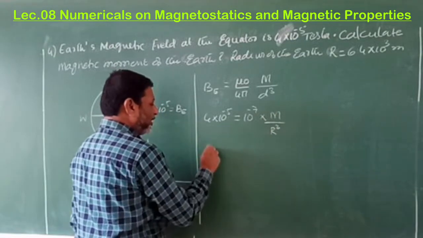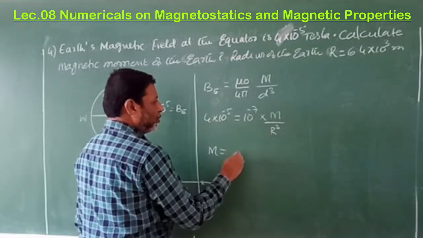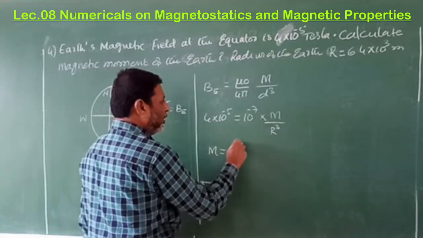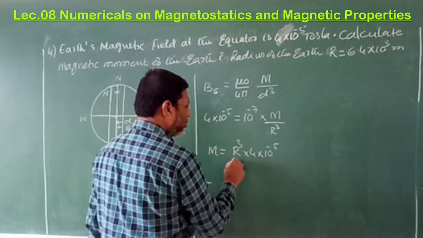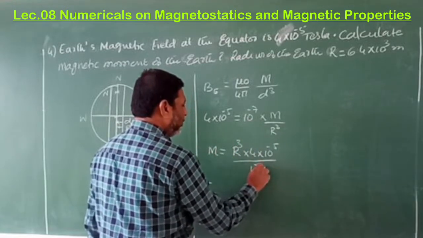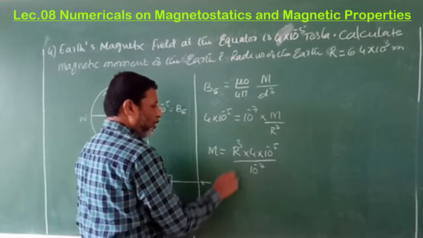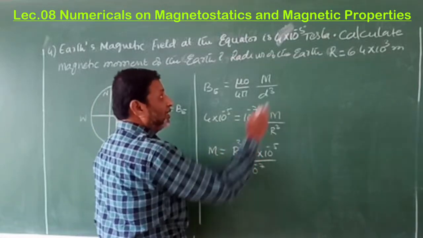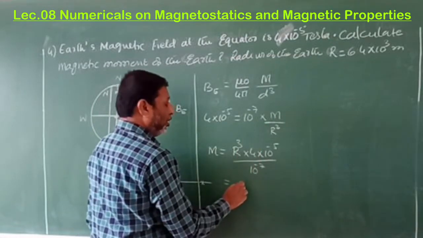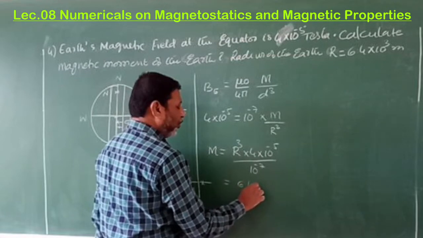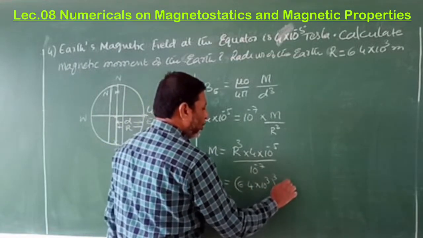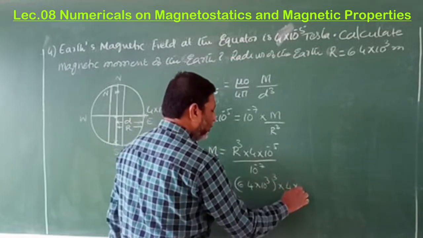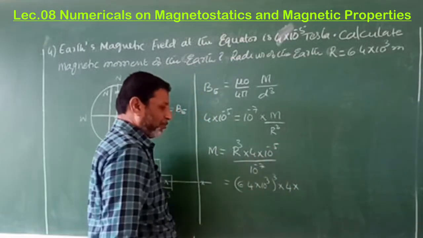From this equation, m equals r cube into 4 into 10 raised to minus 5, divided by 10 raised to minus 7. The r value given is 6.4 into 10 raised to 3, whole cube, into 4, and 10 raised to minus 7 goes to the numerator as plus 7.